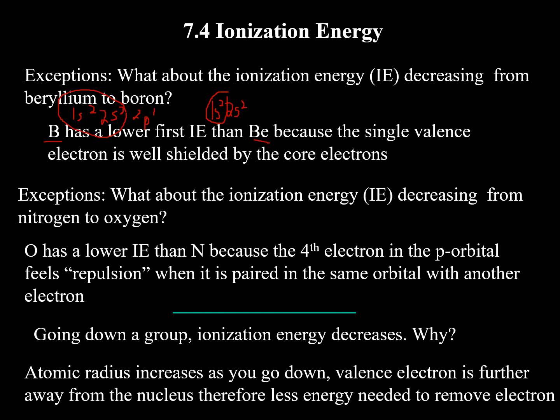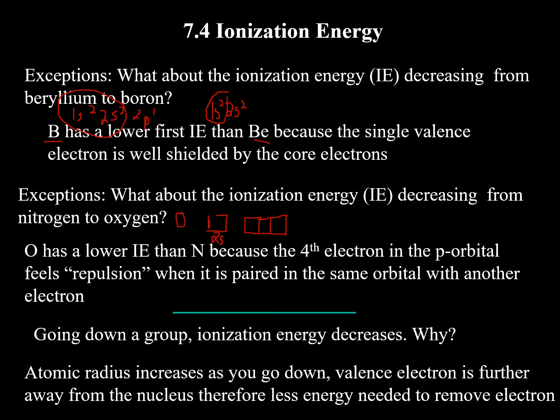We also have another exception here with the oxygen and nitrogen. The oxygen has a lower ionization energy than the nitrogen. Let's look at the orbital diagram for oxygen. We have 1s2, 2s2, and 2p4.